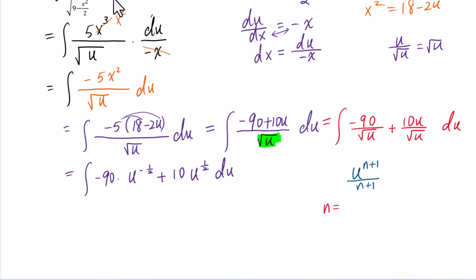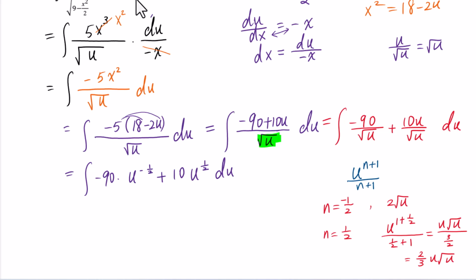When n equals negative 1/2, we get 2 square root of u. When n equals 1/2, we get u to the 1 plus 1/2 power over 1/2 plus 1, which is u square root of u over 3/2, which is 2/3 u square root of u.